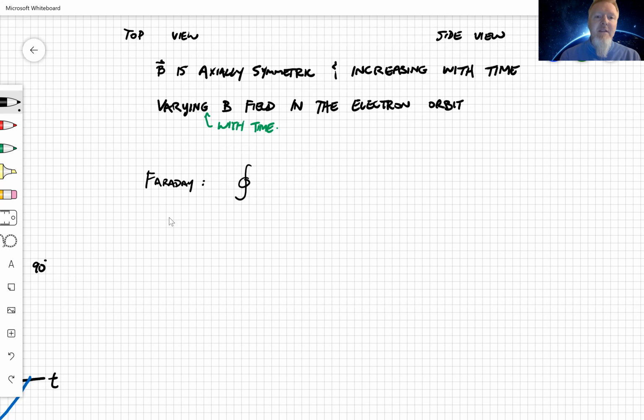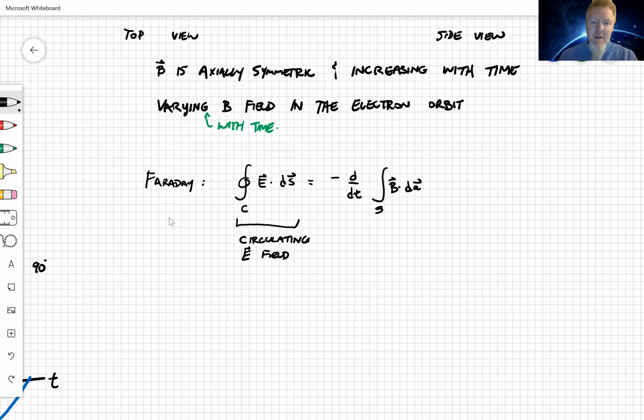It says that the circulation of the E field around a curve C is minus d/dt of the flux of B through the surface S, which is bounded by curve C. So this is a circulating E field.